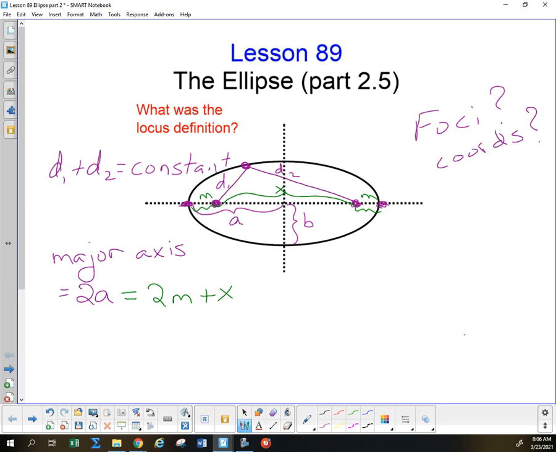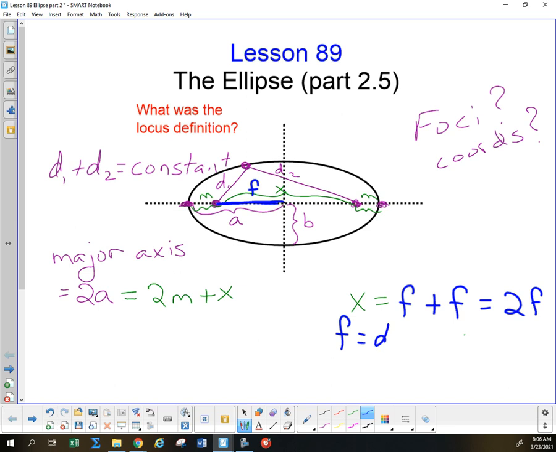Now, what I'm really going to start doing, and I'm going to switch over to another slide here in just a moment, I'm going to be really, really interested in this distance right here. So I'm going to call that distance f. So what I labeled on this picture with x is really f plus f, or 2f. F is going to be really important when we get to the next slide.